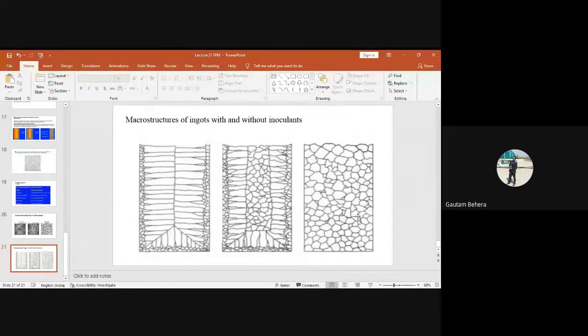Right. So this is what we always want in our materials at the end. So if somebody asks why we add foreign particles into the molten metal, we are intentionally adding them so that we can get an equiaxed grain structure. Why? Because we want heterogeneous nucleation to happen everywhere, like homogeneous nucleation. And we'll end up with this kind of structure.